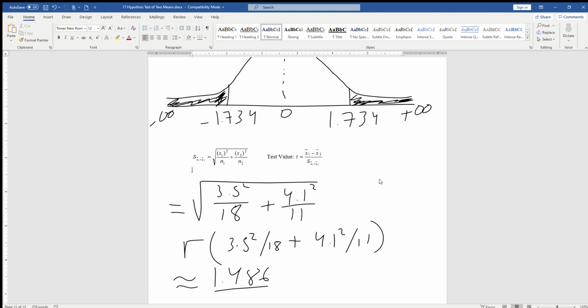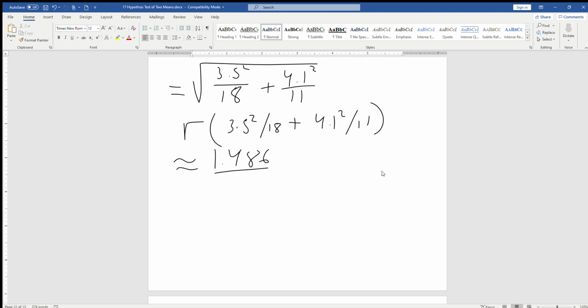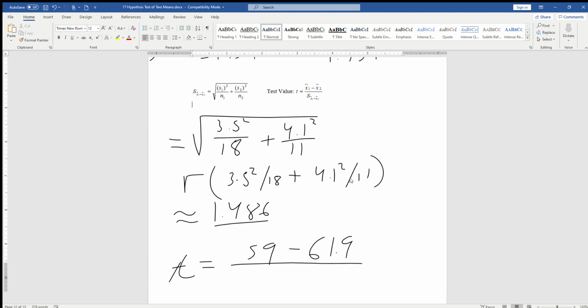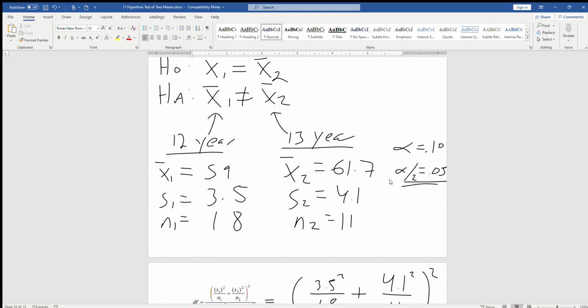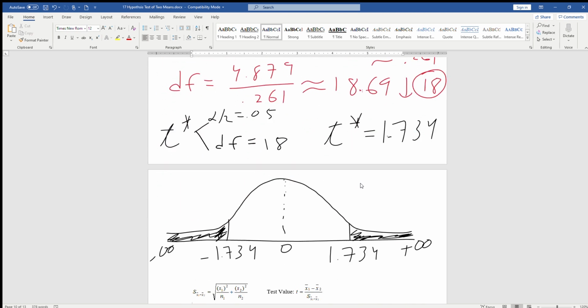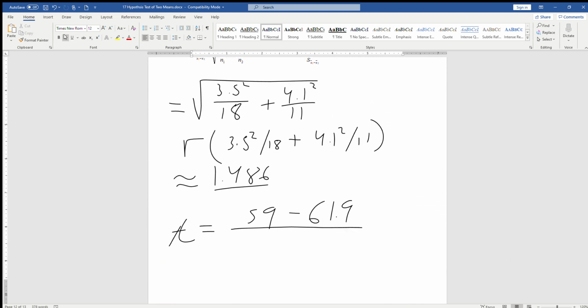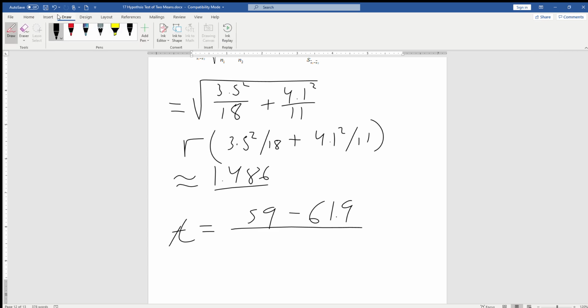And now we're going to compute the test value. The test value takes the difference of the means. So for our test value t, remember our first mean was 59. The second mean was 61.9, and I'm going to go back up and verify that just to make sure. So we had 59 and 61.7, excuse me. So we're going to get rid of that 9 and turn it into a 7.